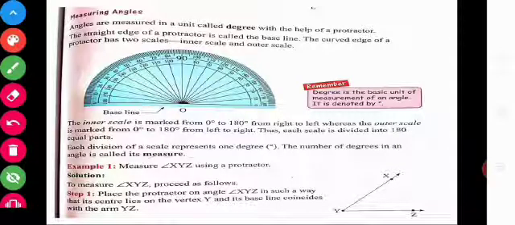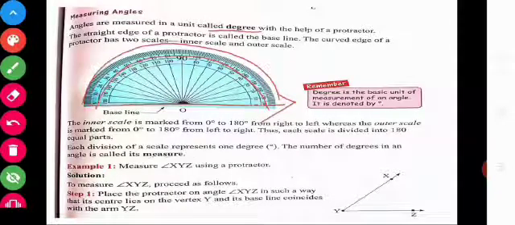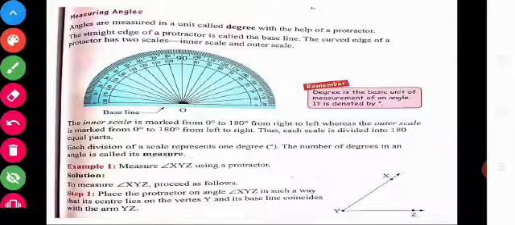Measuring angles. Angles are measured in a unit called degree with the help of a protractor. The straight edge of a protractor is called the baseline. The curved edge of a protractor has two scales, that is inner scale and outer scale. The inner scale is marked from 0 degree to 180 degree from right to left.